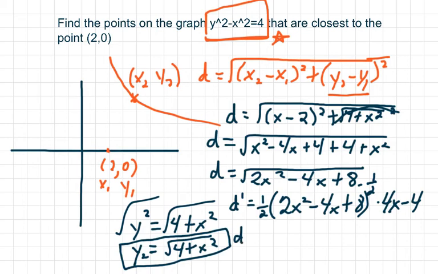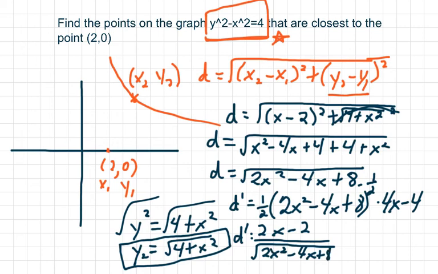Okay, and I simplify that. I'm going to have GCF of 4 out, cancel with the 2 in the bottom, so I'll be left with 2x minus 2 over the square root of 2x squared minus 4x plus 8.